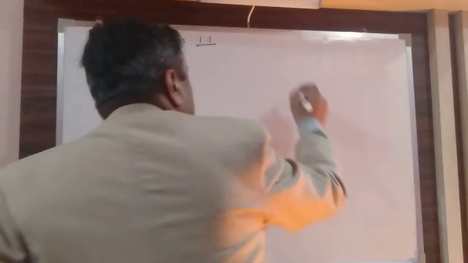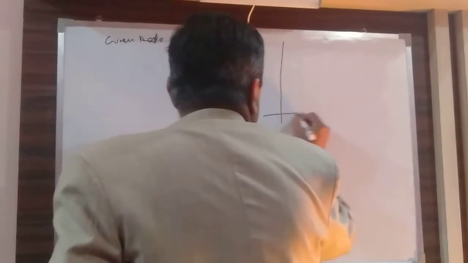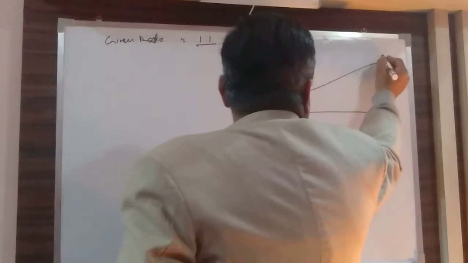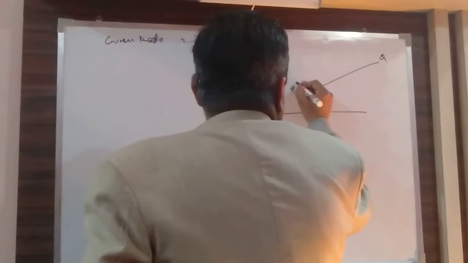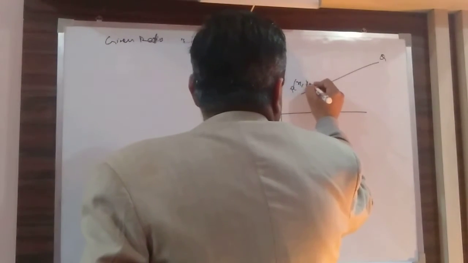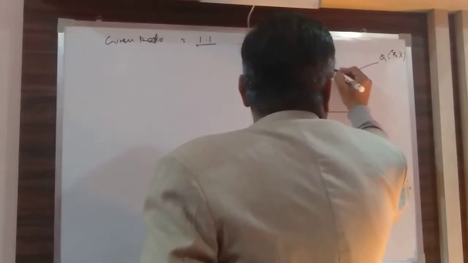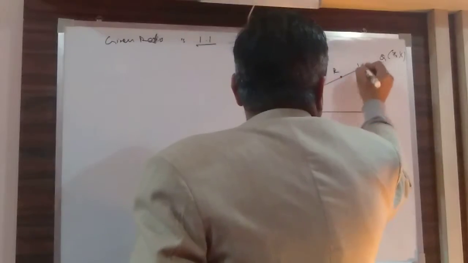What does it mean? That means if I am given points P, Q, okay, this is x1, y1, and this is x2, y2, and there is another point R which is dividing the segment in the ratio 1:1.